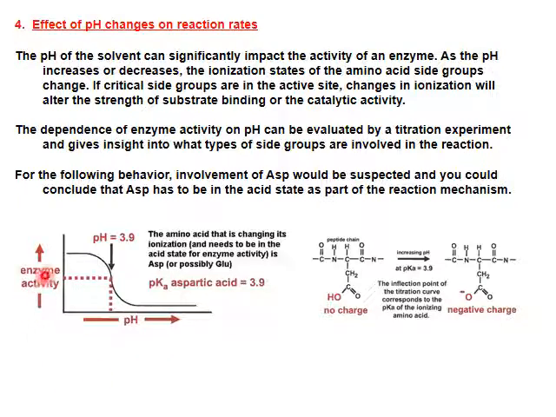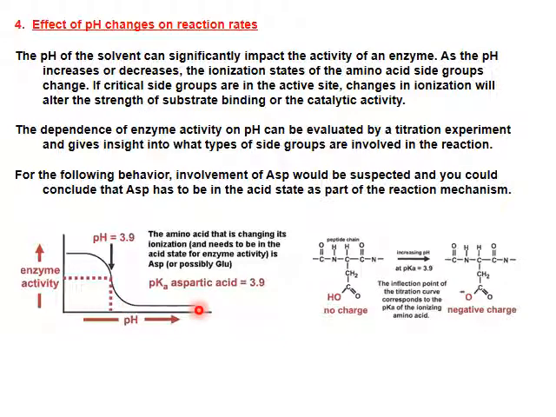This could be your kcat over Km, for example, at a given pH, and you can look at your enzymatic rate constant as a function of pH. If you see something that looks like this, that's telling us that at low pH it's working pretty well, and then as the pH goes too high, it starts to drop off, and then all of a sudden the enzyme's no longer active.